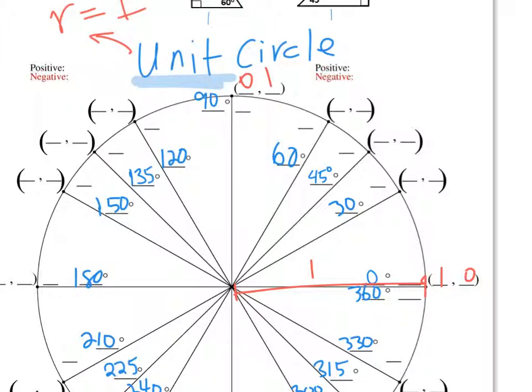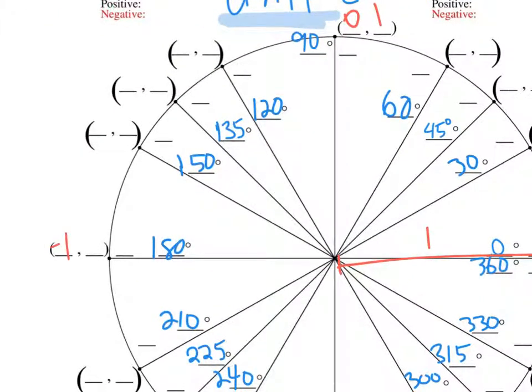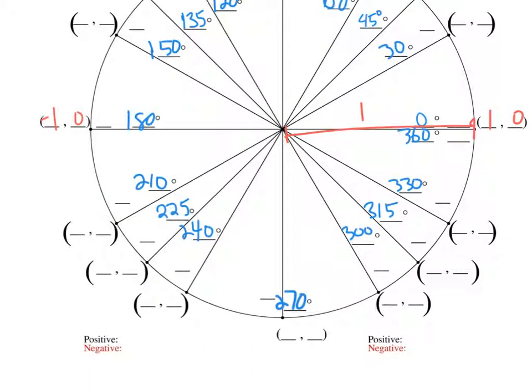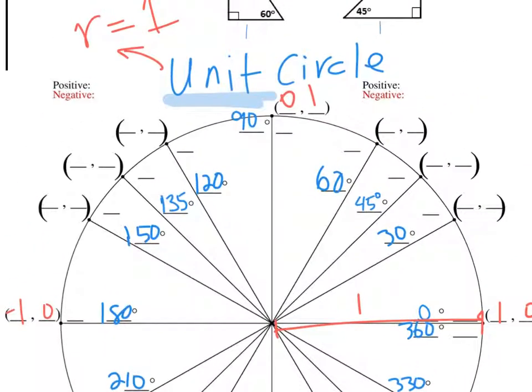What is the coordinate on the 180 degrees? Negative 1, 0. Okay, last one. What is the coordinate on the 270? 0, negative 1. All right, next. So that was the easy ones.